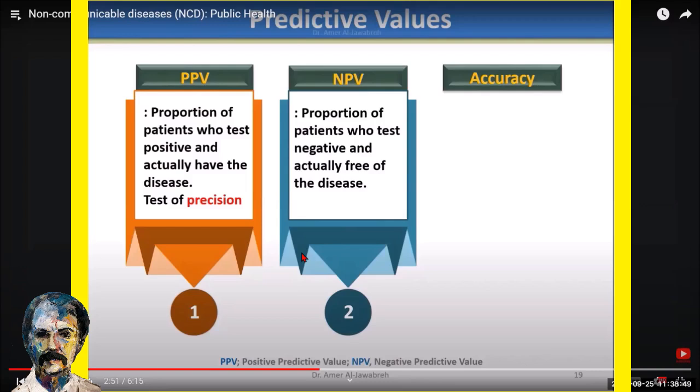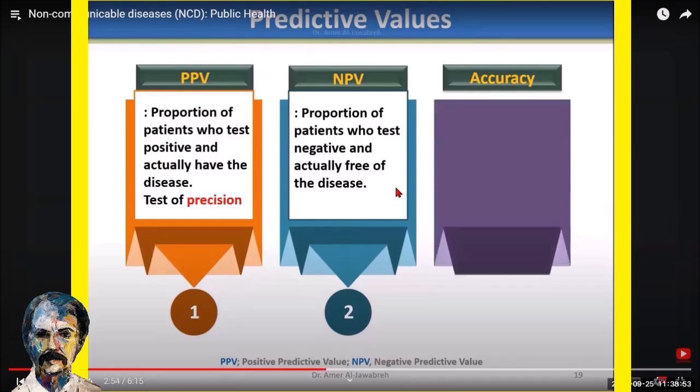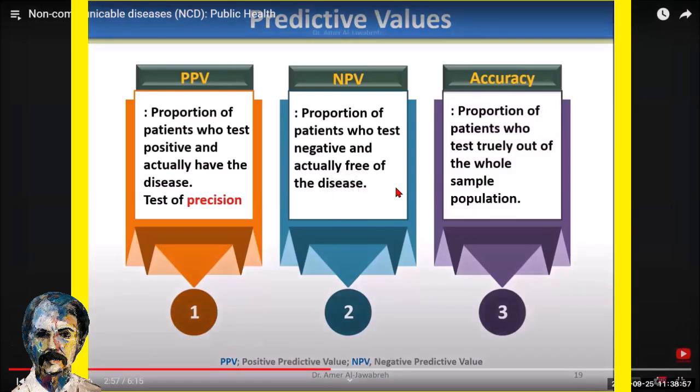What is accuracy? Accuracy is this. The proportion of patients who test truly positive or negative, of the whole sample population. What do I mean by this? Test truly. What do I mean?